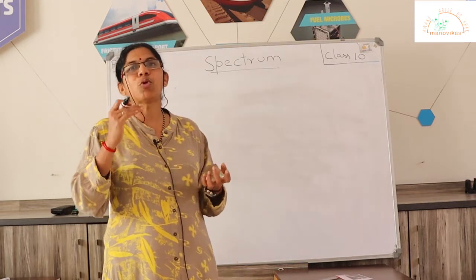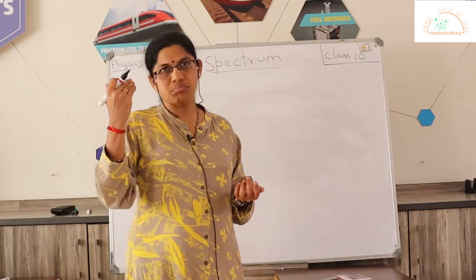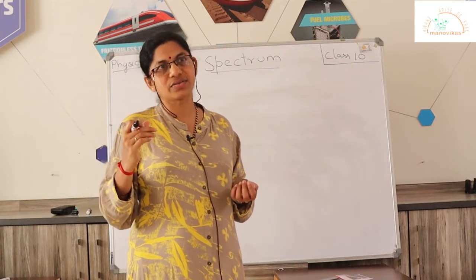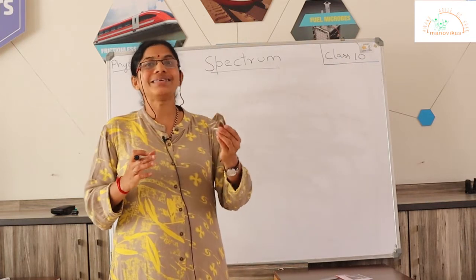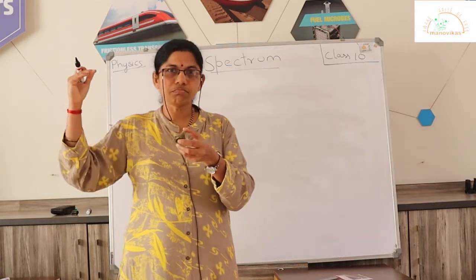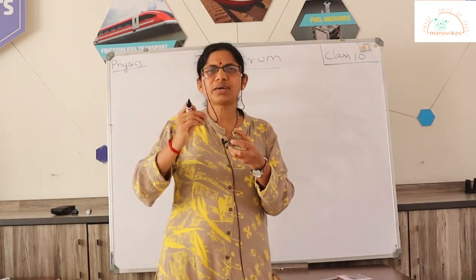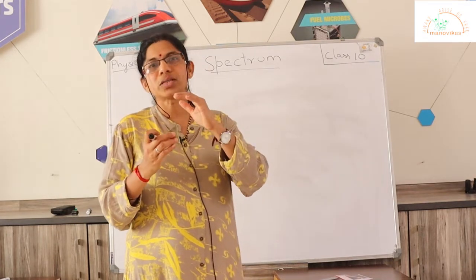He tried to use a polished lens, but then again he could see those colors towards the edges. So what he tried to do was use a prism, and under controlled conditions, a fine beam of light was allowed to enter through the window and it was incident on the prism.